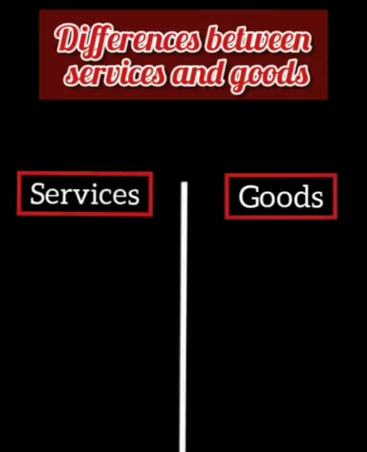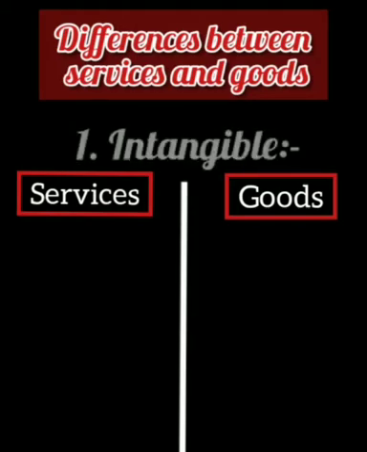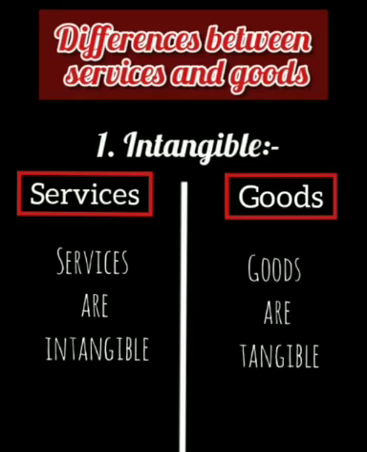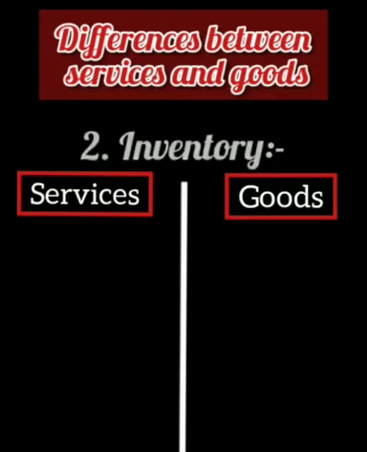Now we'll check some differences between services and goods. Here, goods means products. First basis of difference is intangibility. Services are intangible and goods are tangible. Number two, inventory.